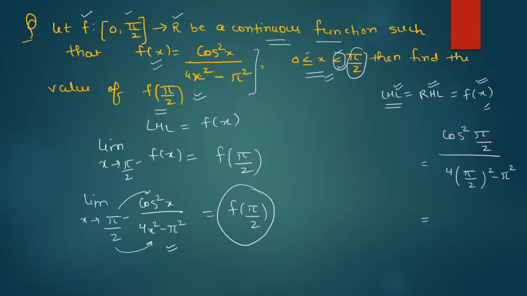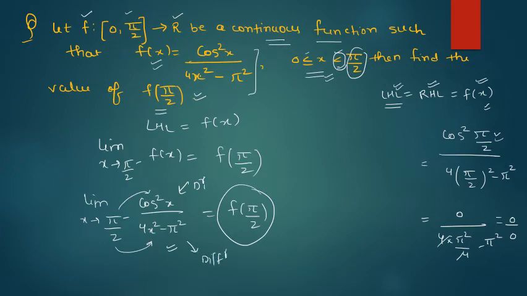Cos 90 is 0, and 4 pi square by 4 minus pi square is also 0. So it is a 0 by 0 form, an indeterminate form. We can't use the direct formula, so the alternative is to differentiate the numerator and denominator.